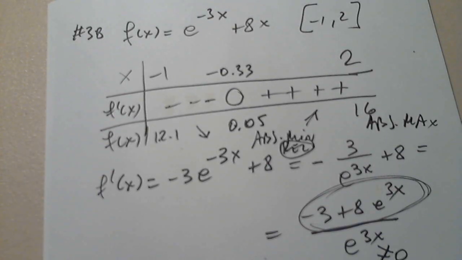Good. So that was a problem on studying a function on a closed interval, finding the absolute extrema, absolute max, absolute min, and we can also mention the relative min and relative max. Okay.